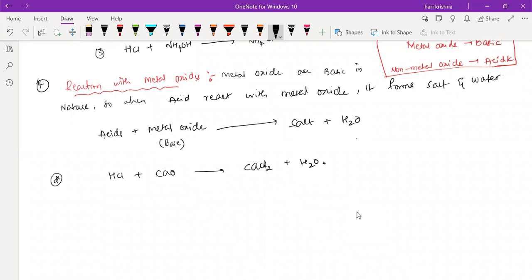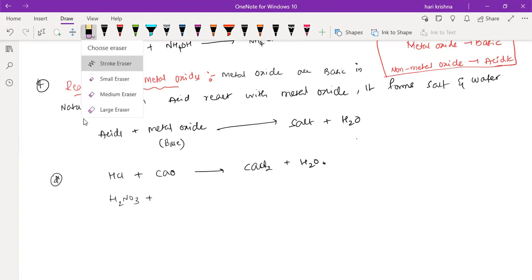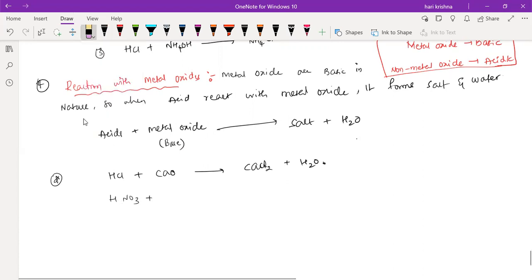Sir, we can take this example, HNO3 plus NaOH. First tell me HNO3 is there, and next we can take NaOH.